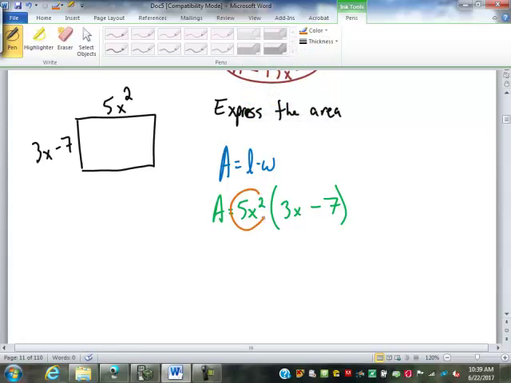Distribute. We do distribute the 5x squared times 3x. 15x to the third. 5x squared times negative 7. 5 times negative 7 is negative 35 x squared.